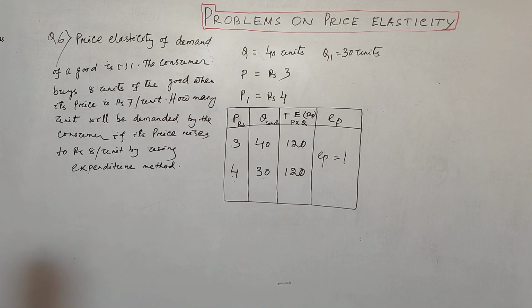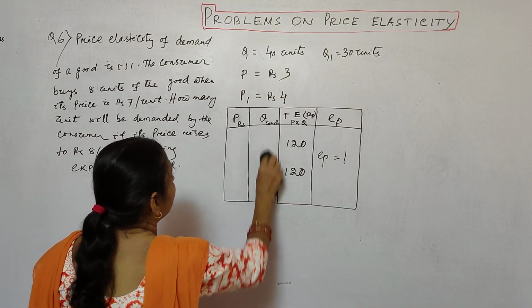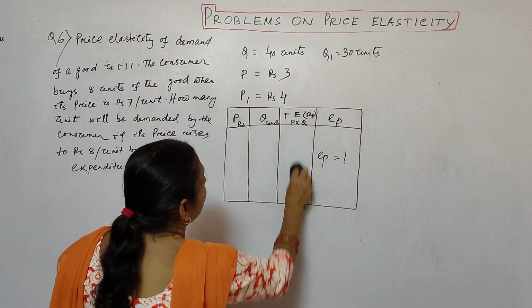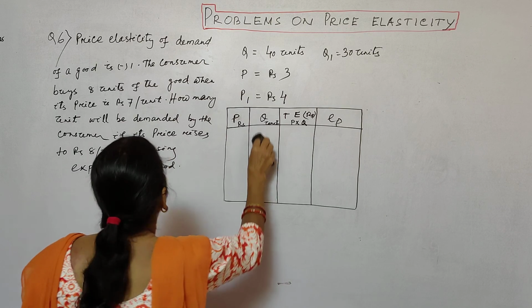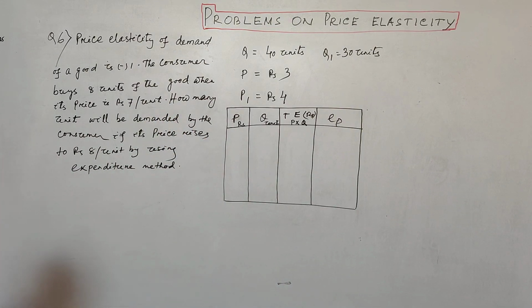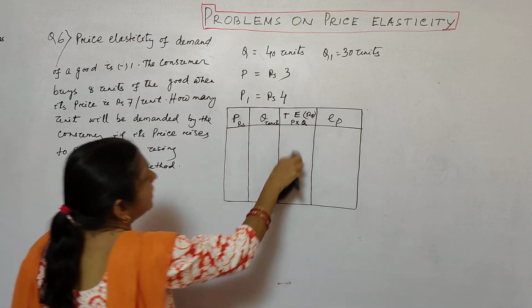Now friends, at first we will see the problem thoroughly. Price elasticity of demand of a good is 1. The consumer buys 8 units of the good when its price is rupees 7. As they have told us to use the expenditure method, we will calculate. They have given EP. We will solve the problem with the help of this tabular form.